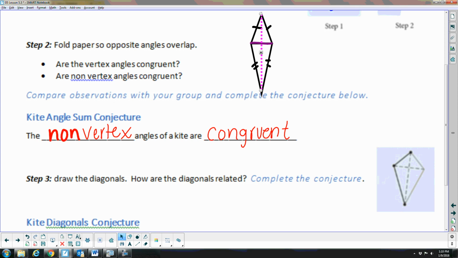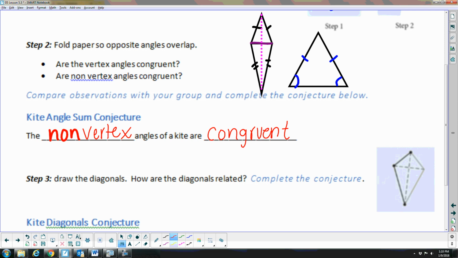How are these diagonals related? Take a look at the diagonal that goes from your vertex angles. That's the one that I have in dotted line. And if you can remember the properties of an isosceles triangle, here's our isosceles triangle. That's what we know about an isosceles triangle.